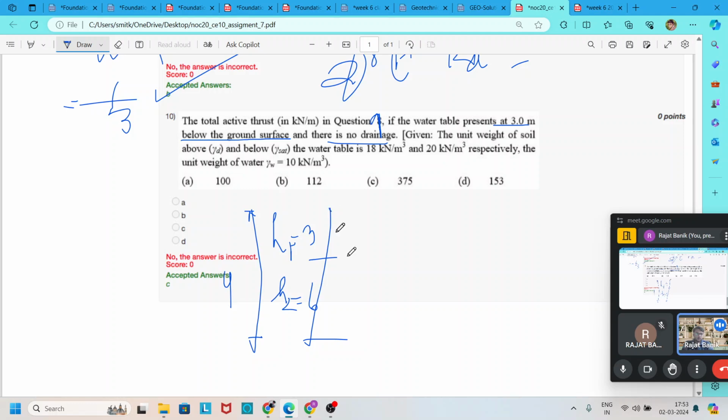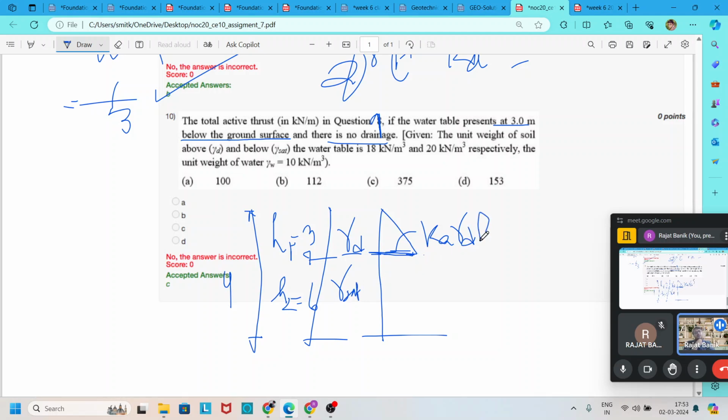From the water table, the active earth pressure at this point is Ka gamma d, since above the water table gamma is gamma d, and below the water table gamma is gamma saturated.